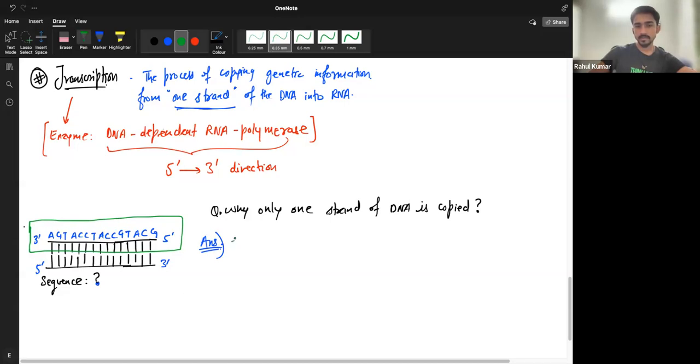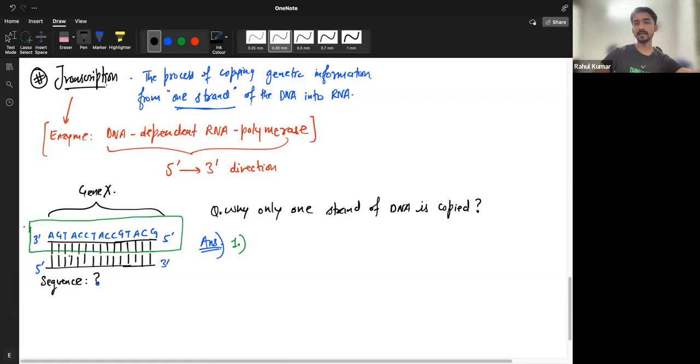So there are two biological reasons for it. First reason is, if both the strands are copied, then the mRNA which will be formed will have different sequence. So from the same part of the DNA, let's say from this part to this part, it is the sequence of gene X. Now it has two strands.